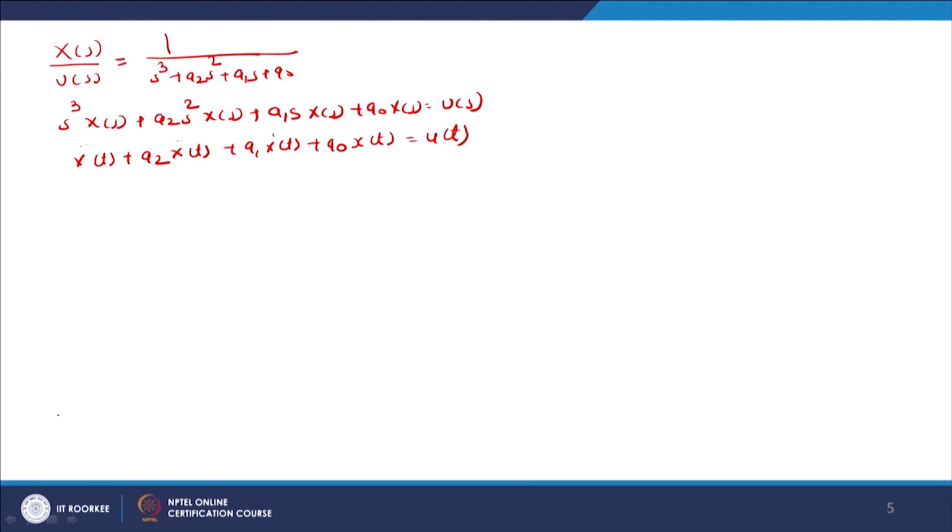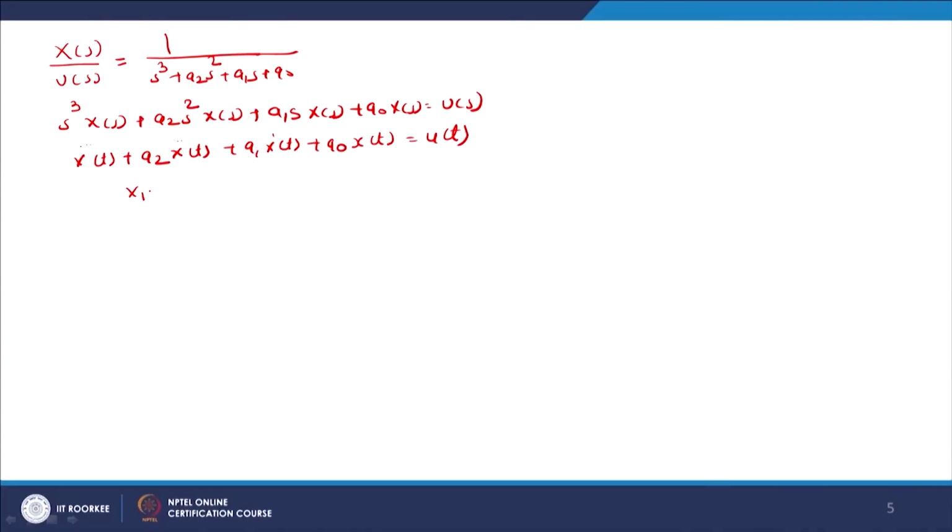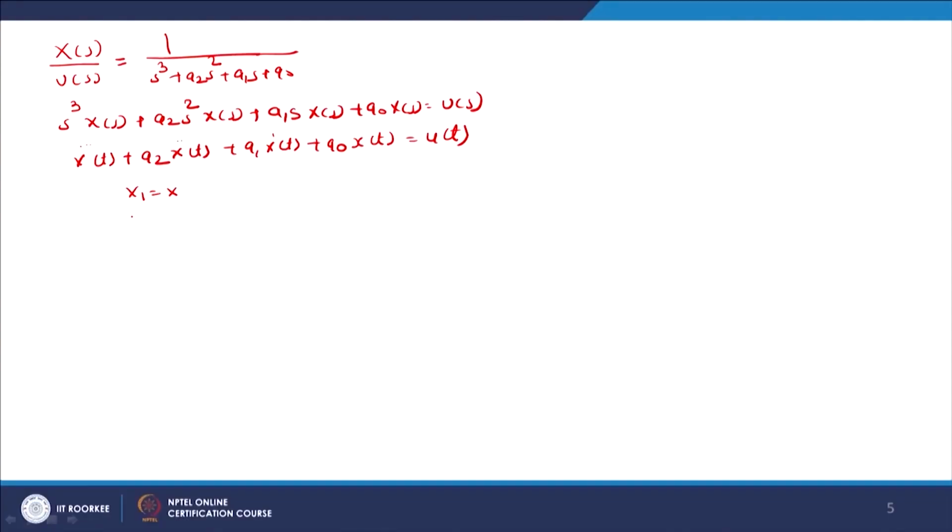So now you have to take x1 equal to x, that is the first variable. And what about the other variables? They are the derivatives. So now we write x2 equal to x dot, and this x dot equals x1 dot.